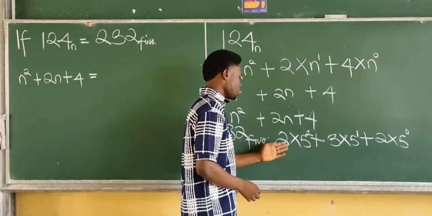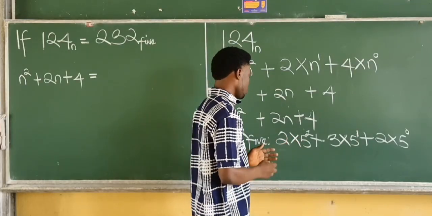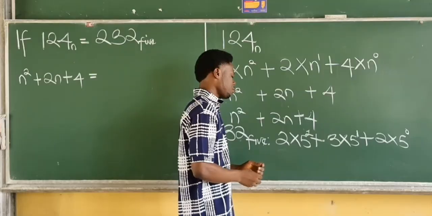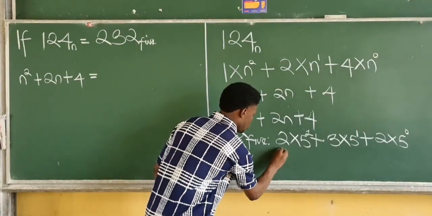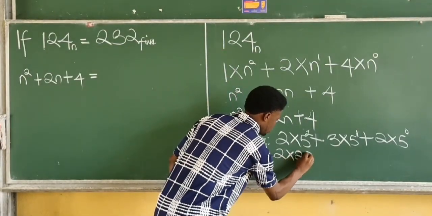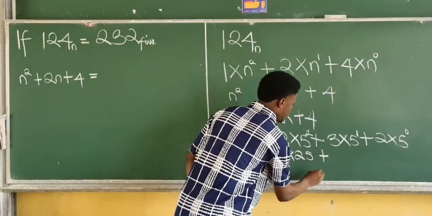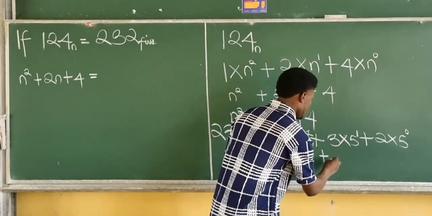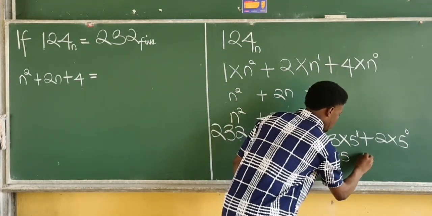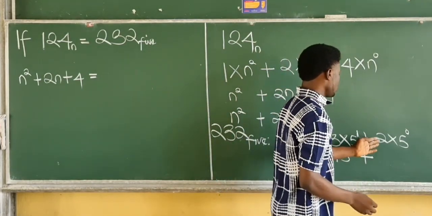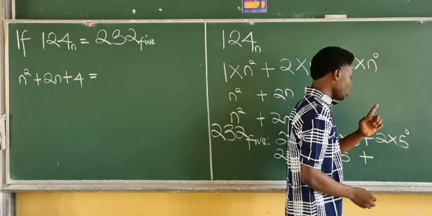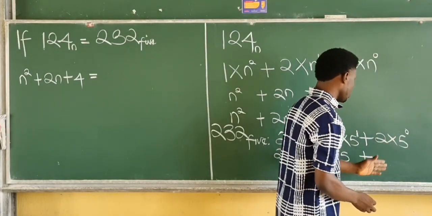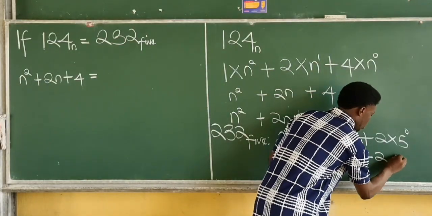Alright, so 2 times 5 raised to the power of 2 is basically 2 times 25, since 5 raised to the power of 2 is 25. Then 5 raised to the power of 1 is 5, and 3 times 5 gives 15. Then 5 raised to the power of 0 is 1, anything raised to the power of 0 is 1, so 2 times 1 gives 2.